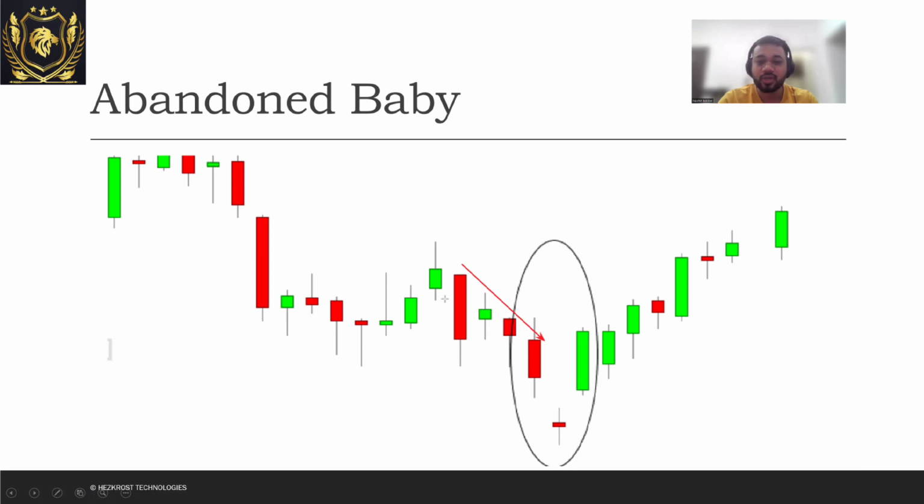All of a sudden you'll see the bears were trying to push the price, but the bulls pushed the price upward, and there's a doji, so there's a chance of change happening over here. A price reversal pattern could be formed here. That's what happens, and here's your confirmation.